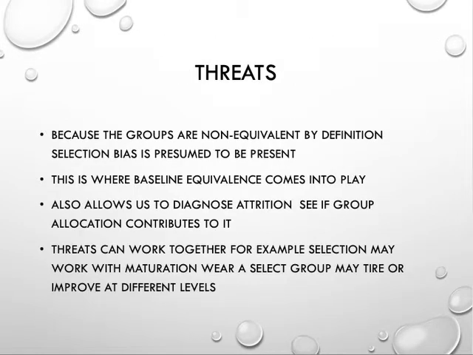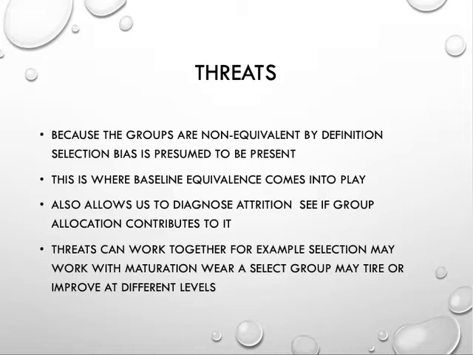Threats to internal validity or external validity include, because the groups are non-equivalent by definition, selection bias is presumed to be present. This is where baseline equivalence comes into play. So if both groups were equivalent at baseline on measures that we found important, so on age, sex, socioeconomic status, and scores on the measure, we're at least a little bit better there.